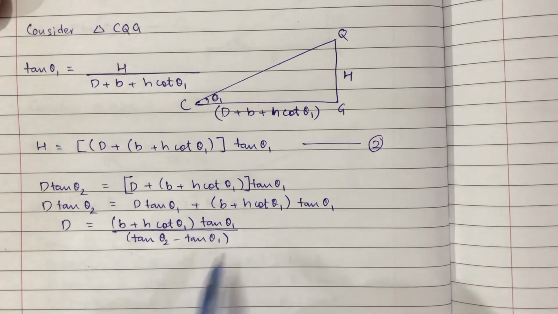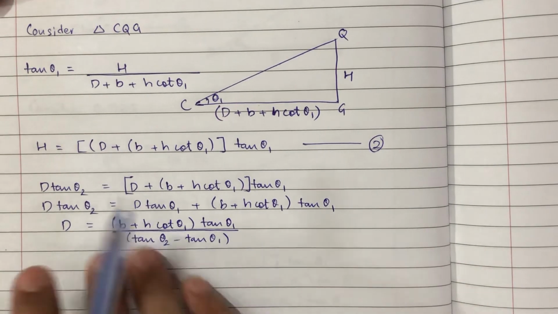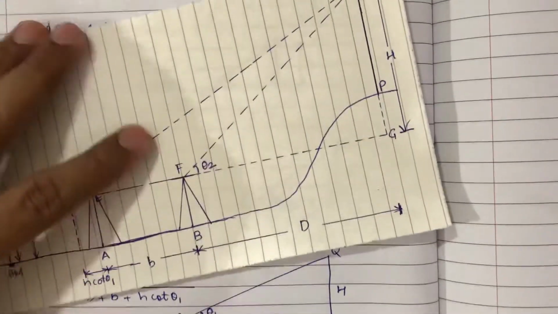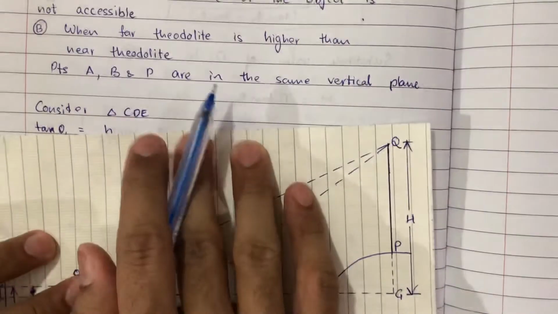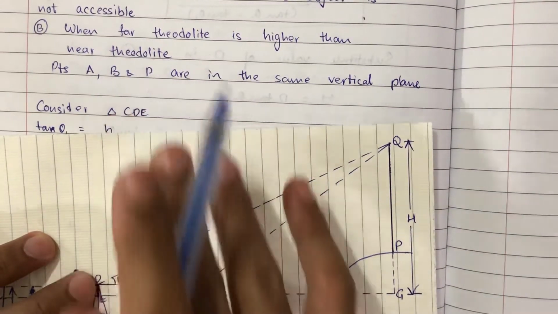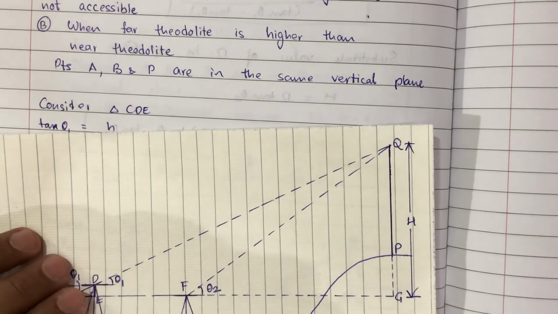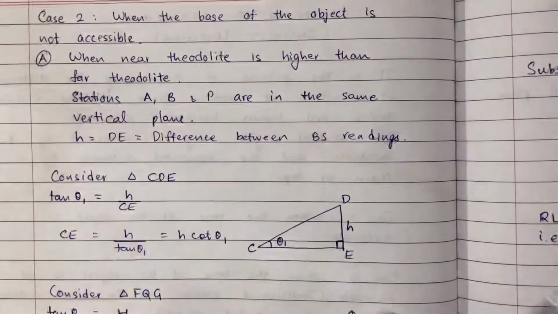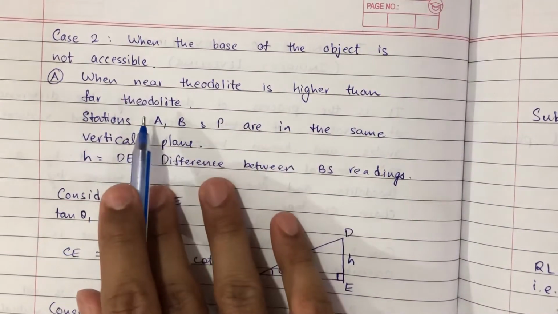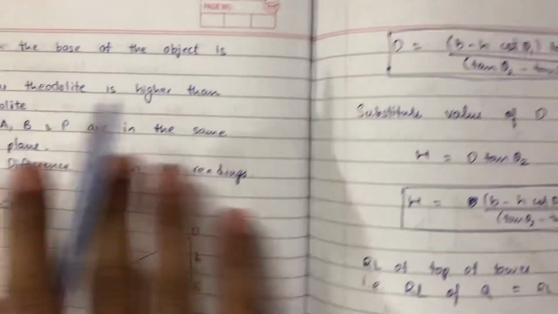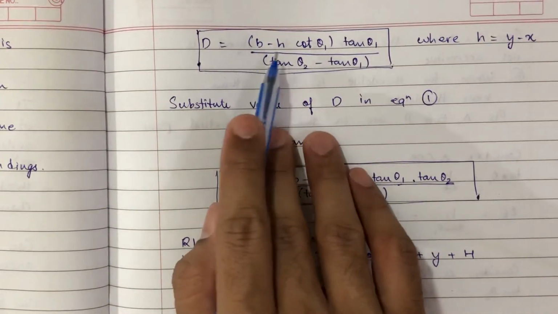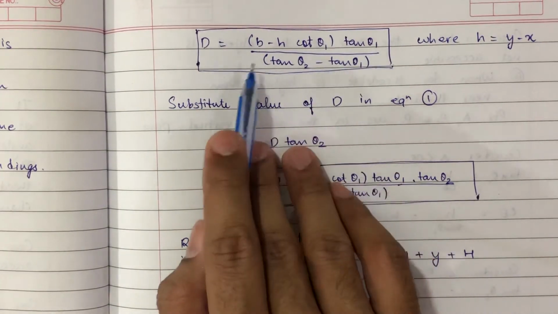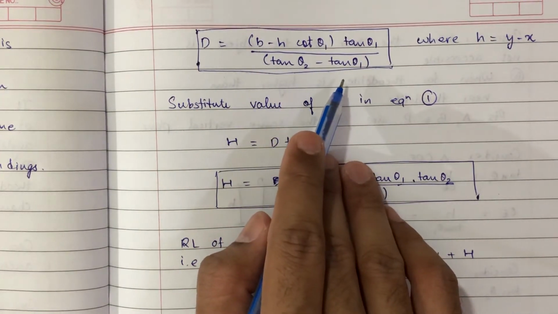Now this formula is for when the far theodolite is higher than the near theodolite. In my previous video, we had seen when the near theodolite is higher than the far theodolite. In that case, the formula for D is given as B minus H cot theta 1 tan theta 1 upon tan theta 2 minus tan theta 1.